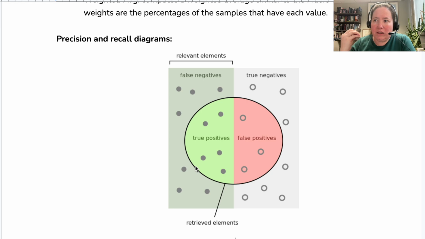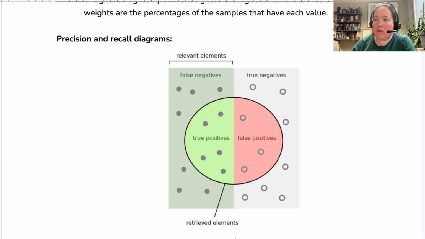Here's how we look at precision and recall. Precision is concerned about what proportion of the positive responses were correct. So it looks at the true positives and it divides by the total number of points that were identified as positive.